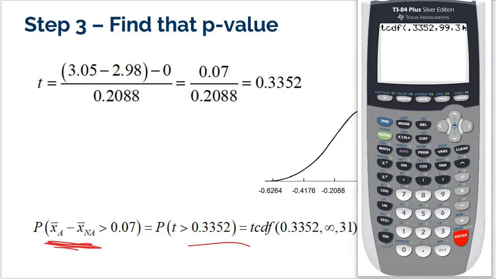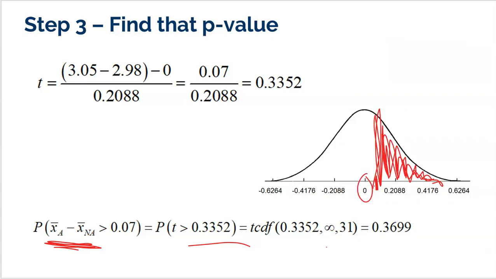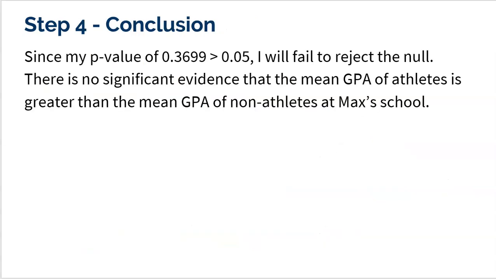And I get a p-value of 0.3699. So again, that is very, very high. That is not significant at all. That's telling me that the probability of seeing a difference of 0.07 is very likely. It's not weird. It's not strange. It's certainly not significant. So since my p-value of 0.3699 is way bigger than 0.05, I will fail to reject the null.